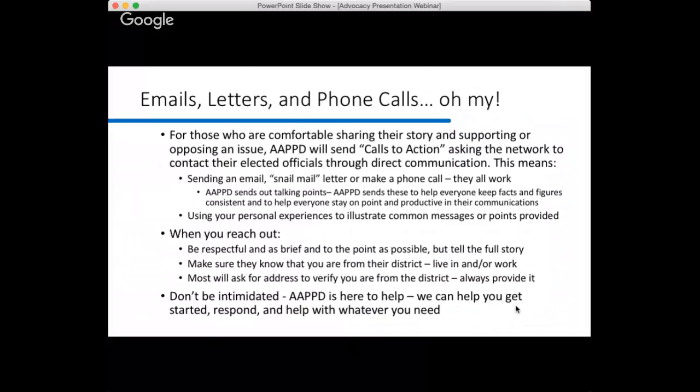So for those who are comfortable, we want to make sure that you know that these calls to action will be on the way.